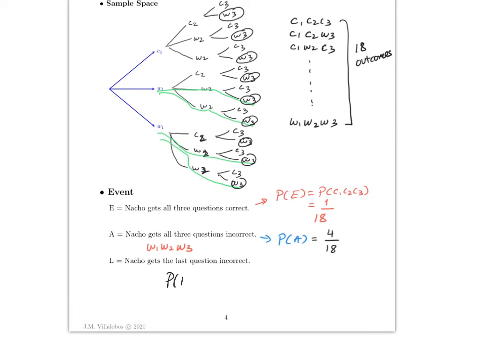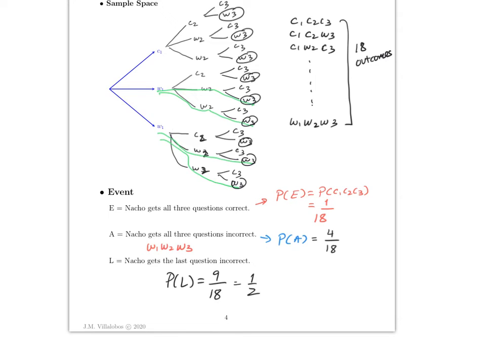So the probability of this one will be 9 over 18, which is 1/2. Now this one should be not surprising at all, since the last question was true or false, and if you only look at one question that is true or false, there is 1/2 probability of getting it incorrect, which means there is 1/2 of getting it right.